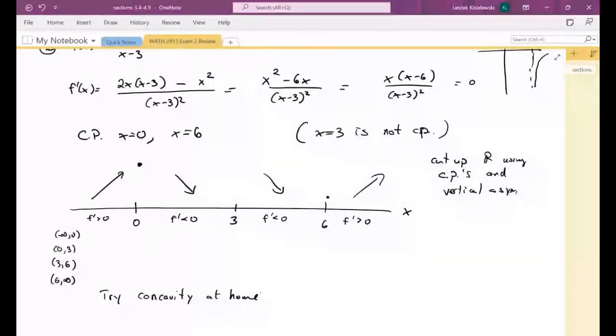Limits using logs and stuff? Mean value theorem? Do you guys want to do mean value theorem? All right, so let's do one of those. Yeah, mean value theorem. Let's do that first because that sounds like fun.